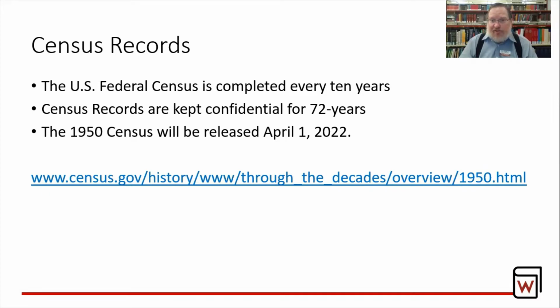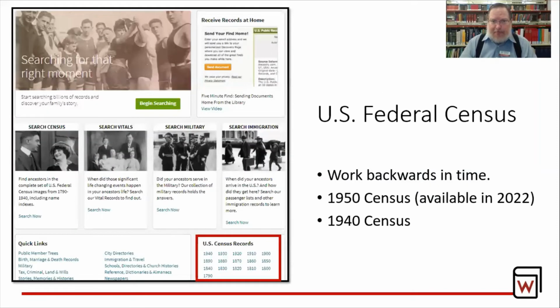The good news is that next year, April 1st of 2022, the 1950 census will be released. And we have determined that it's going to be released not on microfilm, but digitally. It still has to be indexed, and something has to happen to it to help us search it, but it will be digitally released.